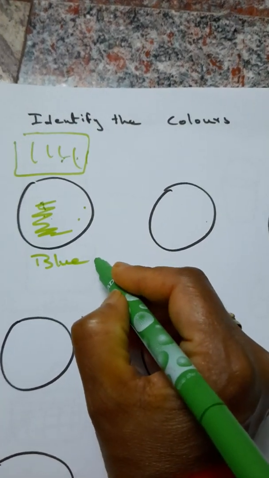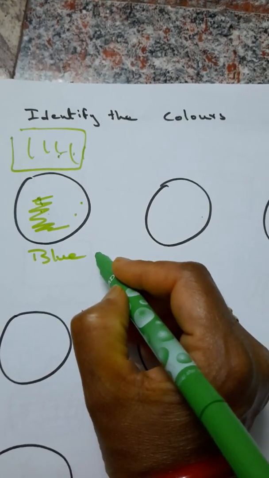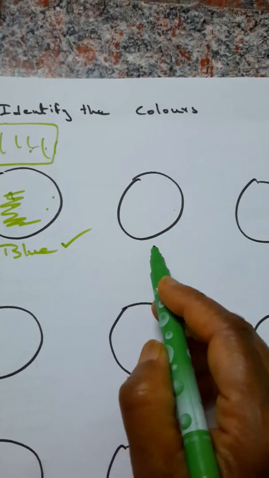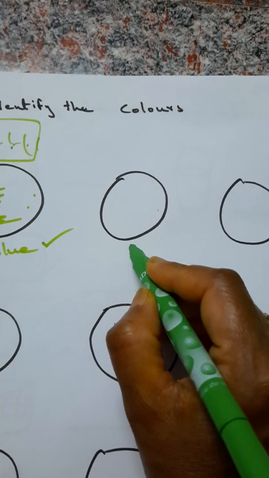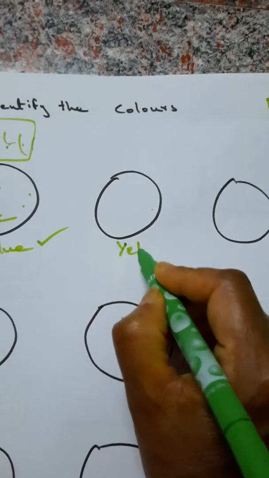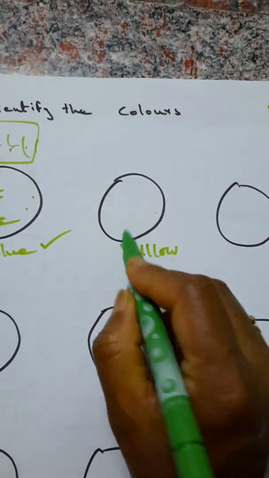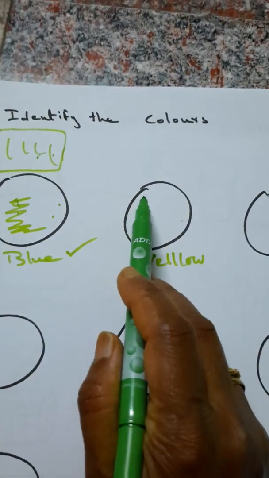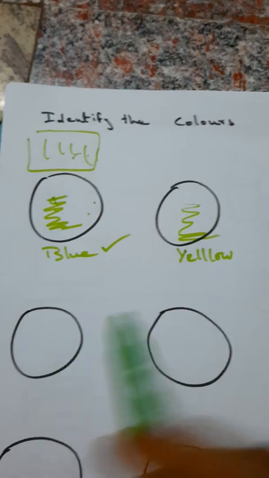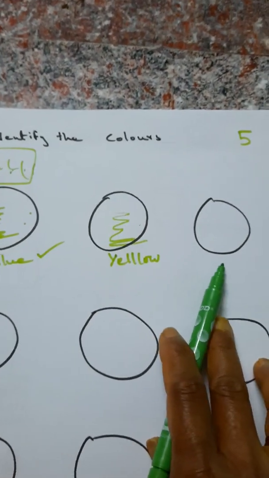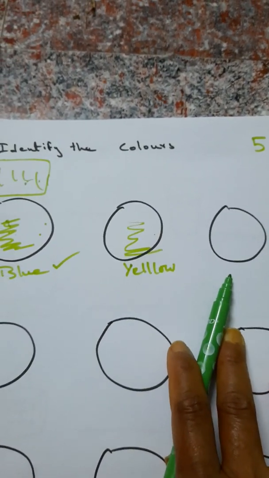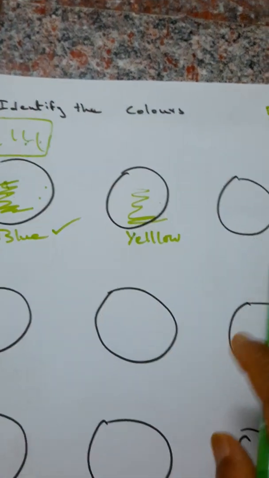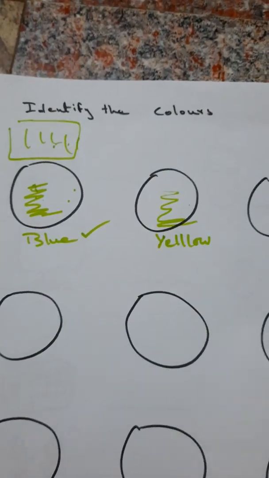Then if the child has identified the color correctly, put a tick. So for example, this is yellow. The child will pick a yellow crayon from the crayon box and color it yellow like this. As you say the color, the child will pick the crayon and color it accordingly.